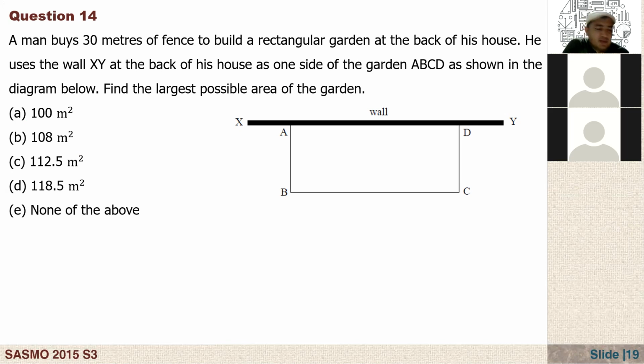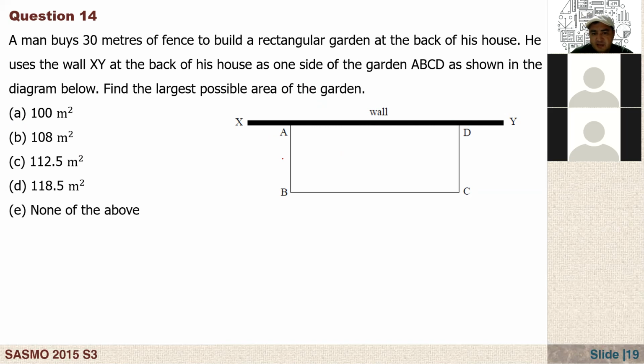What do you think? How do you find this? Again, it's about finding the minimum or maximum value of a quadratic function, right? A man buys 30 meters of fence to build a rectangular garden at the back. And it says that he's using his wall for the back. That means that for that black strip, that border, he is not using any fence.